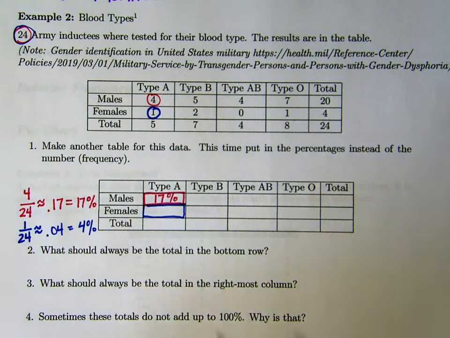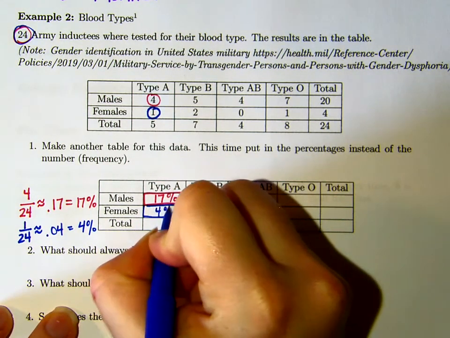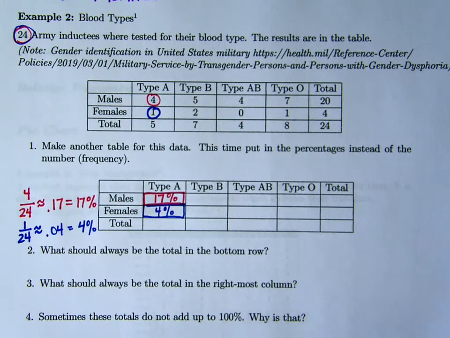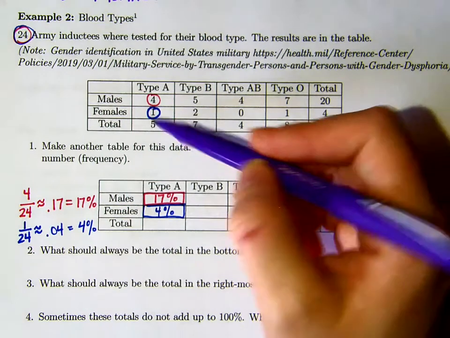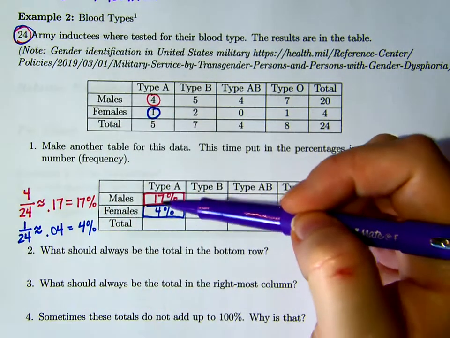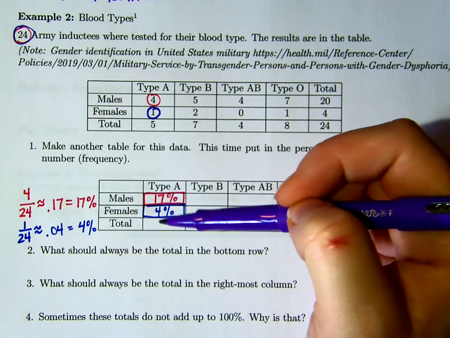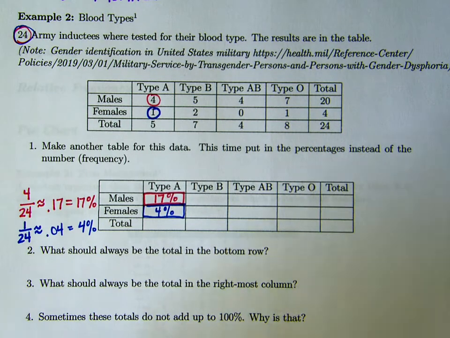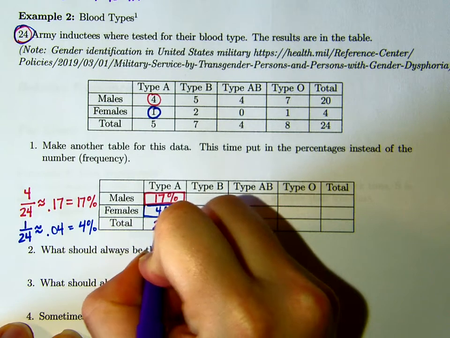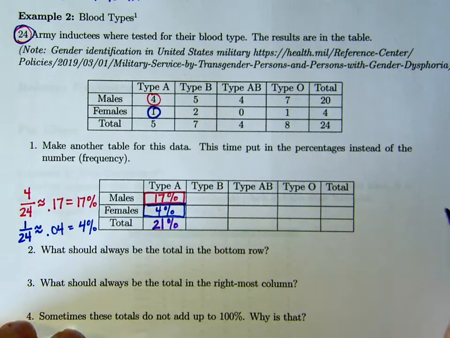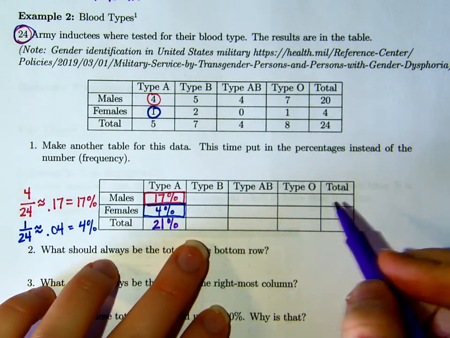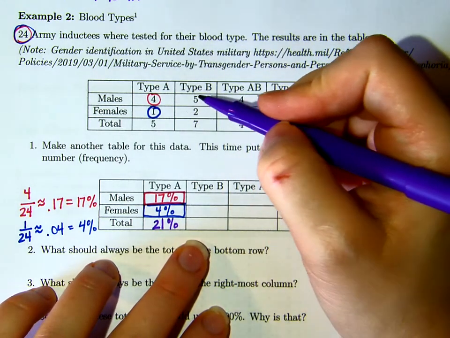Okay, so here we go, 4%. And now if I look at the total, this would be 5 out of 24. Or I could just look at the total of type A and notice that this is 17 and 4, and that should be 21. So 21%.